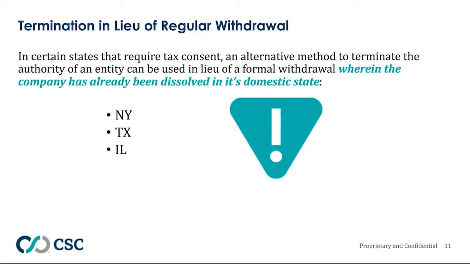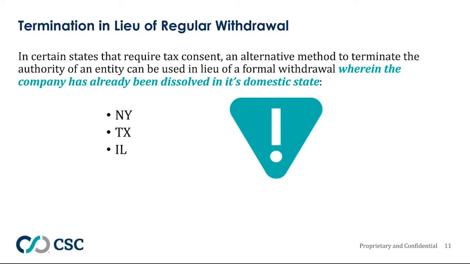Let's assume that a Delaware corporation is qualified to do business in New York, Texas, and Illinois. We've discussed earlier New York and the pain of getting the tax consent that can take 2 to 4 months. In this example, once the company files its certificate of dissolution in Delaware, you can get a certificate from the Secretary of State of Delaware that attests that the dissolution took place and file that with the Department of State up in Albany.